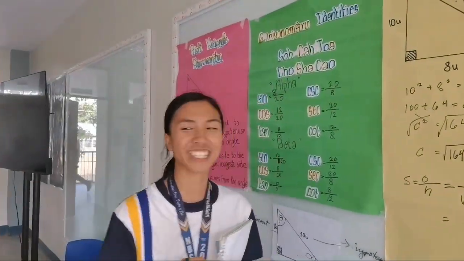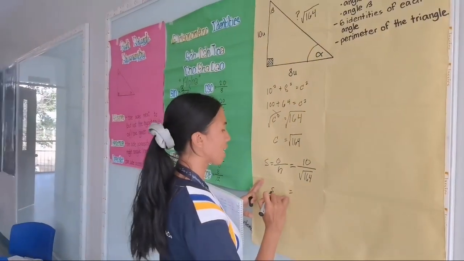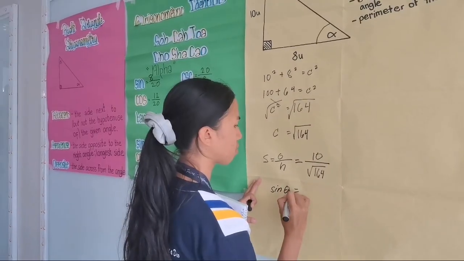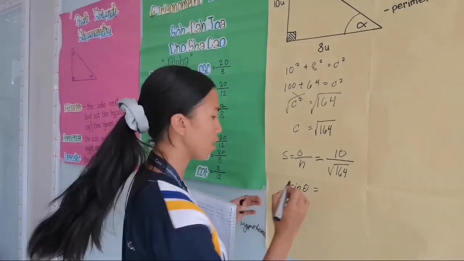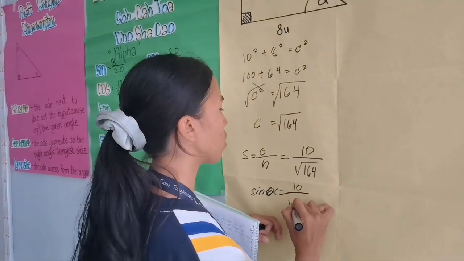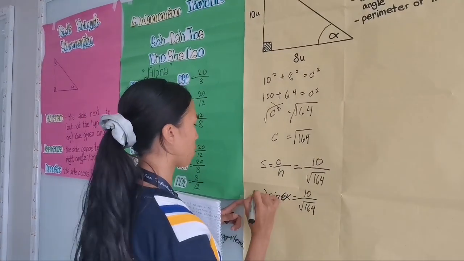To find the value of the angle, we will have it in its inverse form. Sine alpha is equal to 10 over the square root of 164. So we will inverse it, we inverse it on both sides.